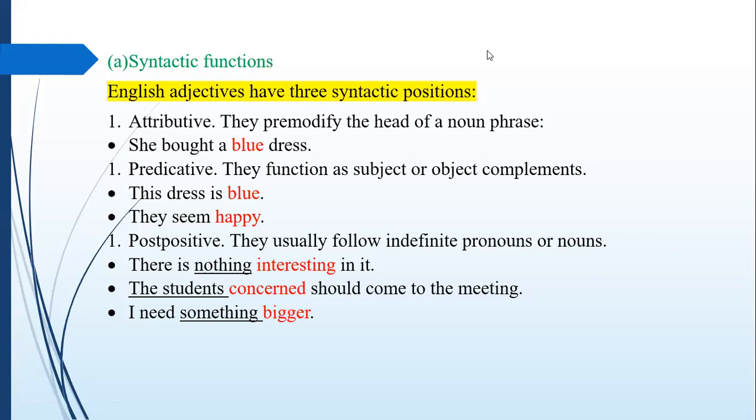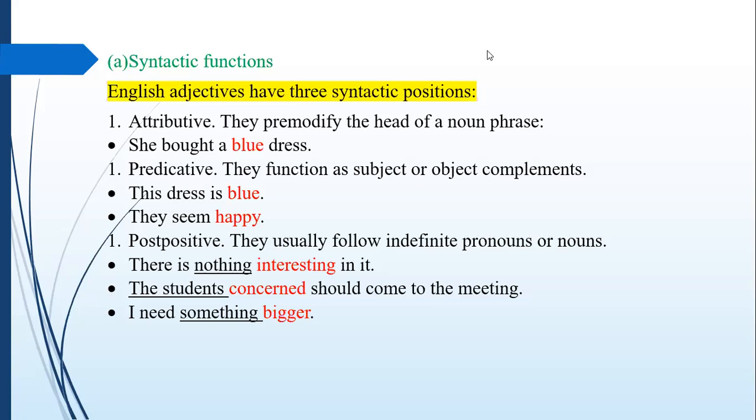For example, she bought a blue dress. Blue is an adjective for dress, in order to distinguish it. So we call it attributive, نعتية, وصفية. أي فستان؟ الفستان الأزرق. نعت.